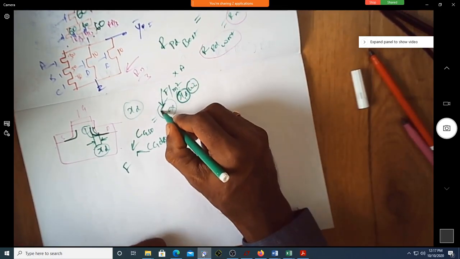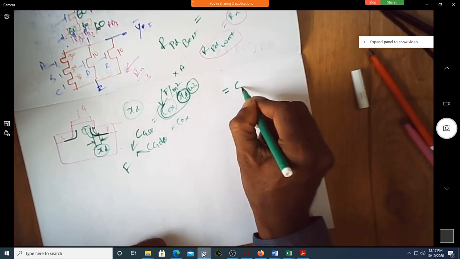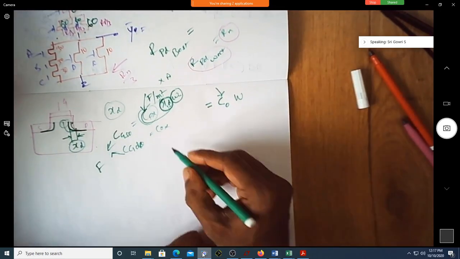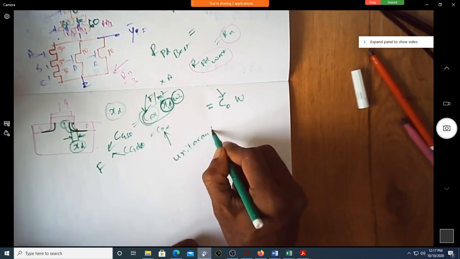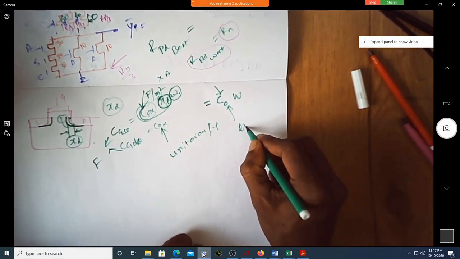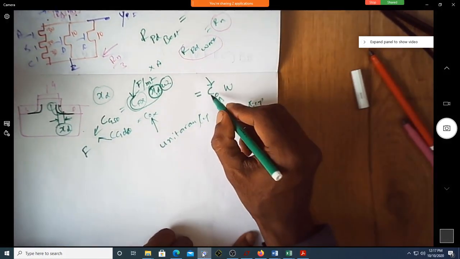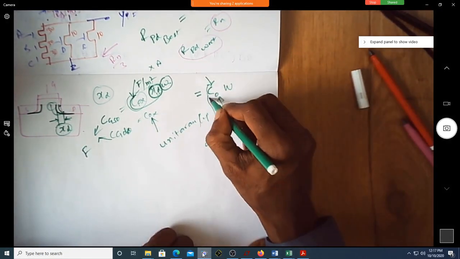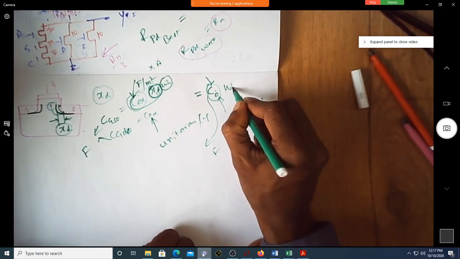So Cox into XD will be written as C naught, and this is W. Cox was unit area capacitance; what is this now? Unit distance capacitance. To get the absolute capacitance in farad, you have to multiply this with the width of the transistor.